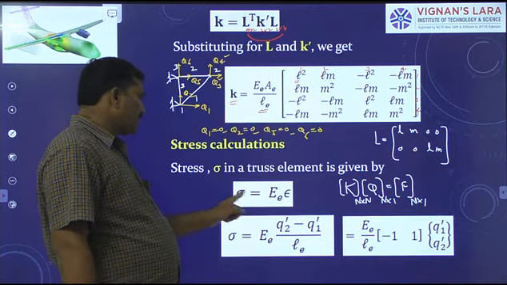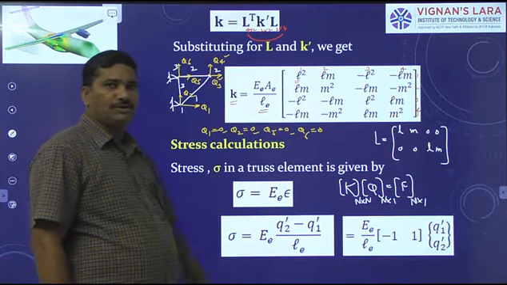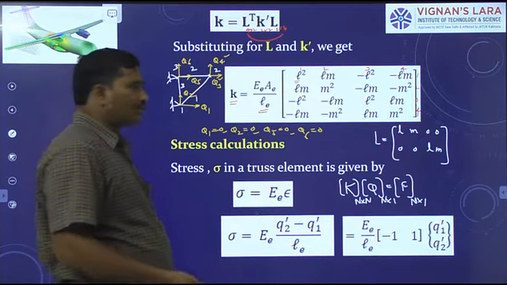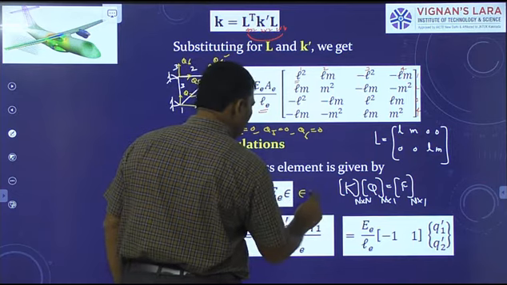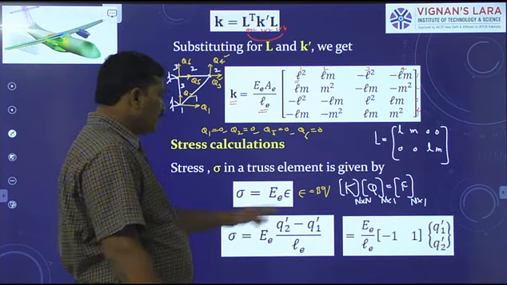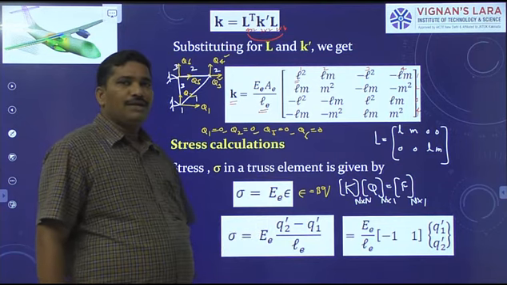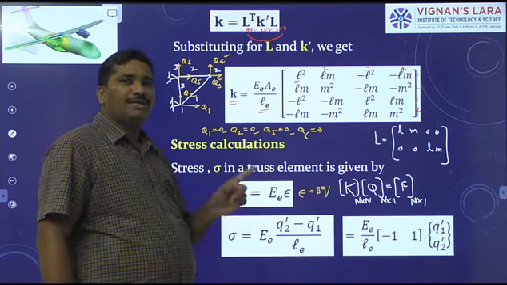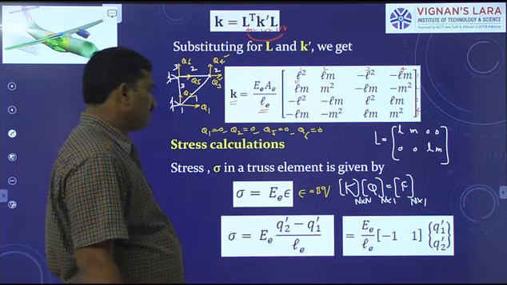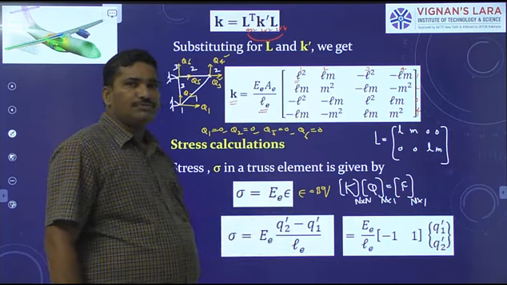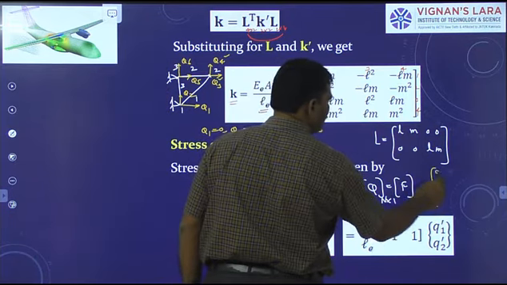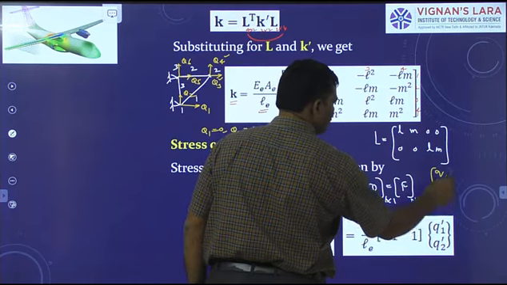Using the formula sigma equals E into epsilon, where epsilon equals B into Q. That is what I have written here. What is B? It is simply 1 by length of the element into a row matrix with elements -1 and +1. And Q, for the first element, is a column matrix having the elements Q1 and Q2, like this.